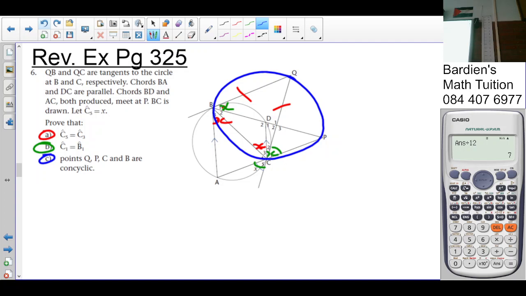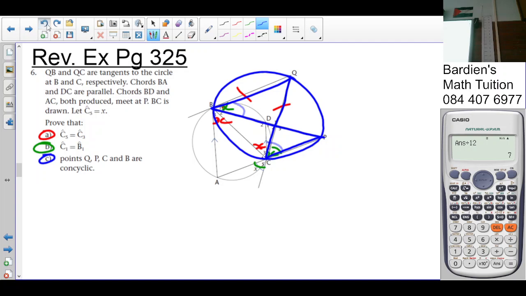Firstly, opposite angles supplementary, exterior angle is equal to interior opposite, or equal angles subtended by the same chord. But if you look here, aren't there already angles that are equal using that theorem? Not so?